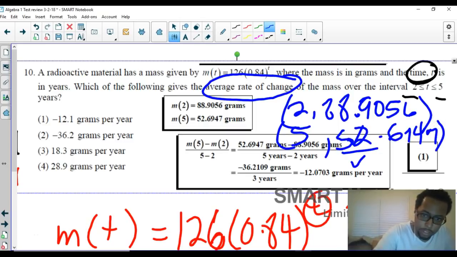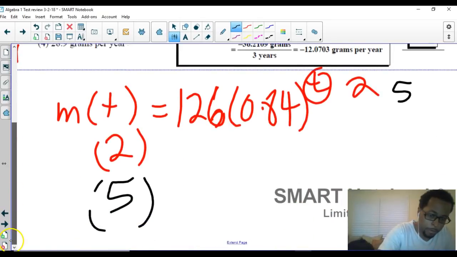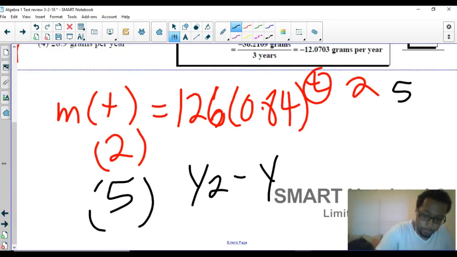So average rate of change simply means the change in y over the change in x. So if this is my x1, this is my y1, this is my x2, this is my y2, and I simply do my formula. And again, just to remember, the formula is y2 minus y1 over x2 minus x1.